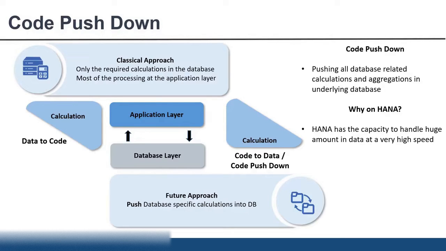You might have already heard about OpenSQL, CDS views, AMDPs, so on and so forth. These are all nothing but different code push down techniques. And in this course, you will learn these different techniques. You will also learn when to use which technique. So all the best. Please go ahead and complete your learning for ABAP on HANA.